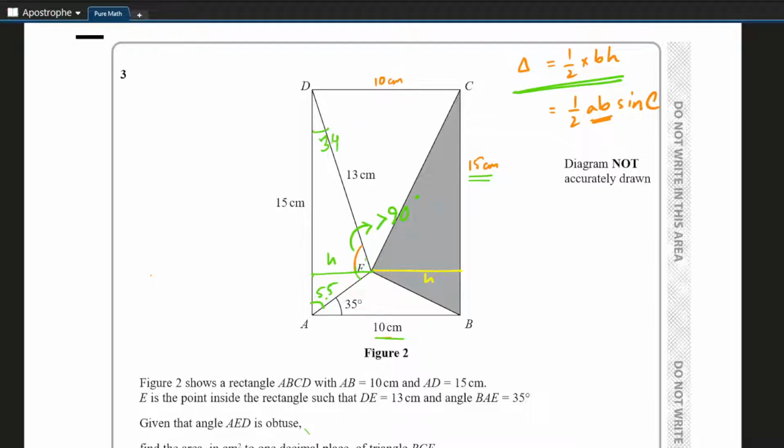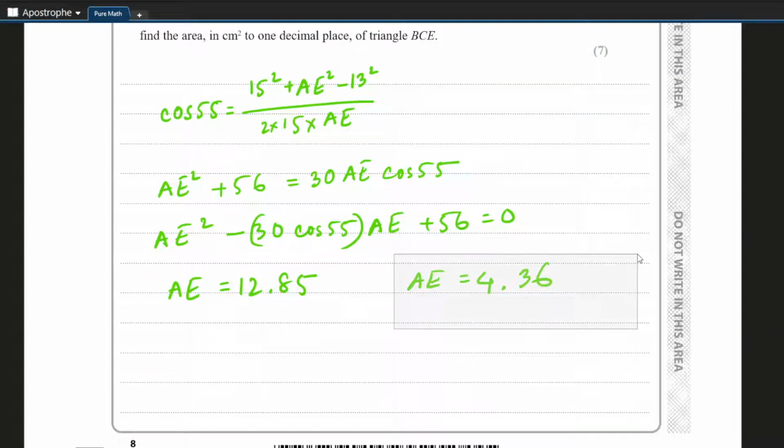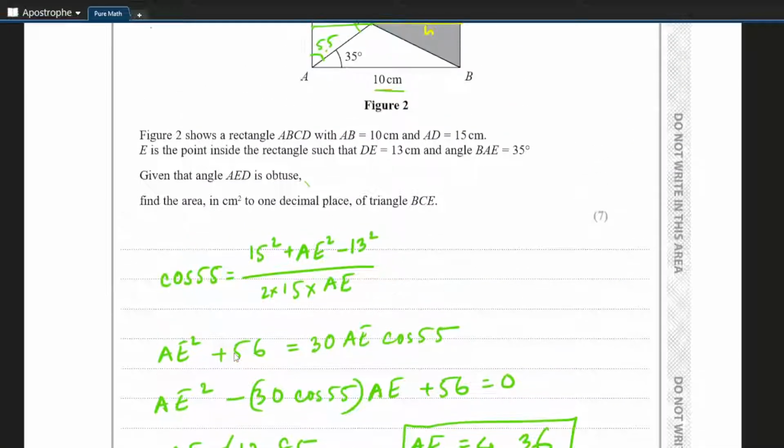So that means this is the smallest angle, which means this will be the smallest side. And since the angle is not close to 55, this side will not be close to 13, which means AE is 4.36. We cannot take the other value. So AE is equal to 4.36. Hope you understand that.